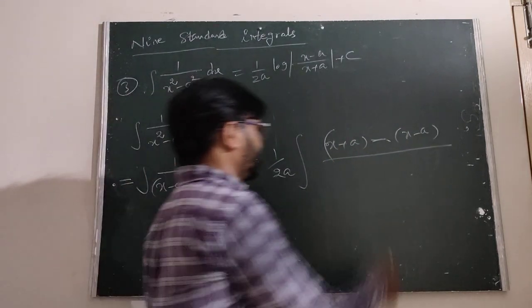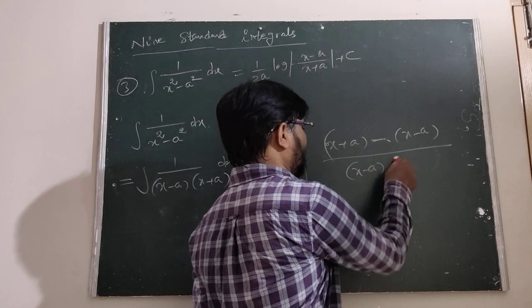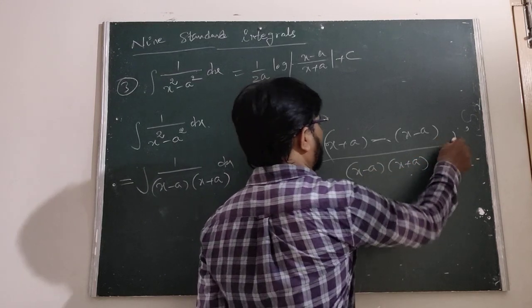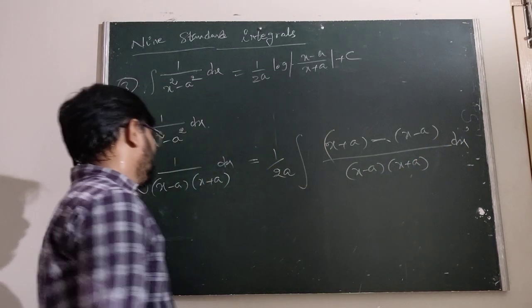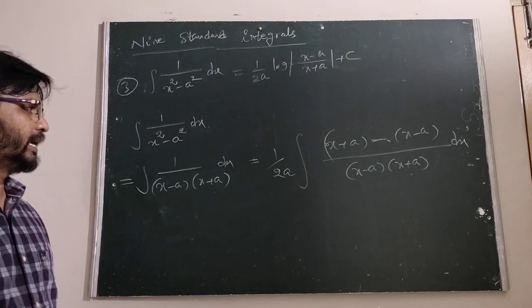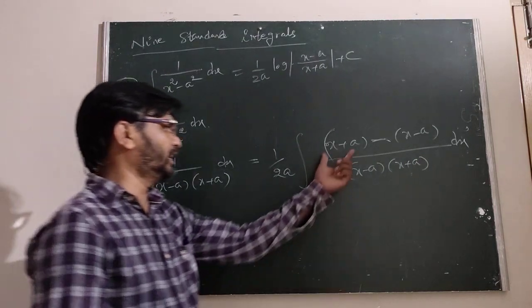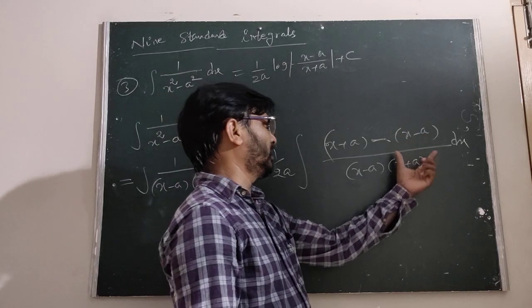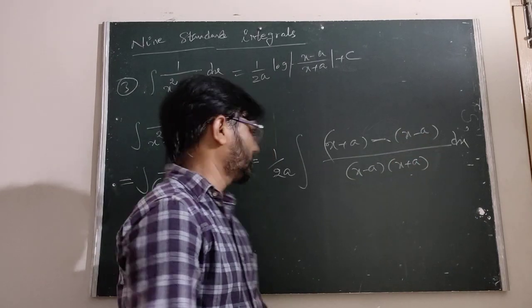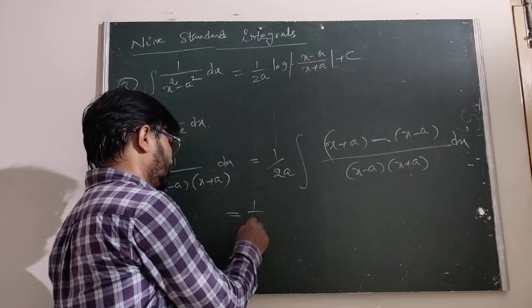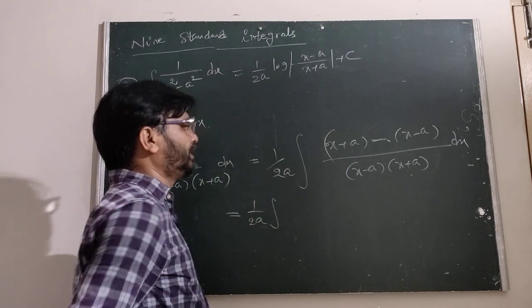Therefore, the denominator is x minus a into x plus a dx, and the numerator is x plus a minus x minus a upon x minus a into x plus a. Therefore, this is 1 by 2a integral.